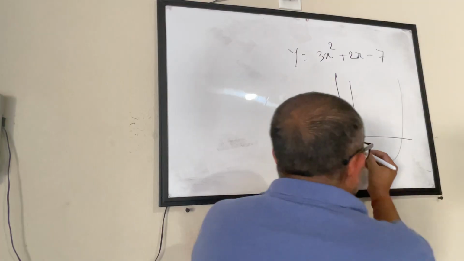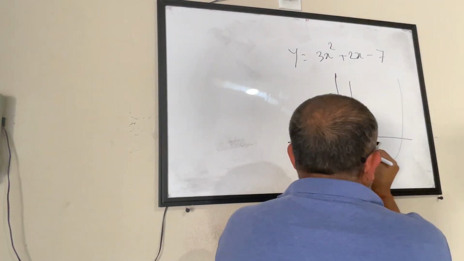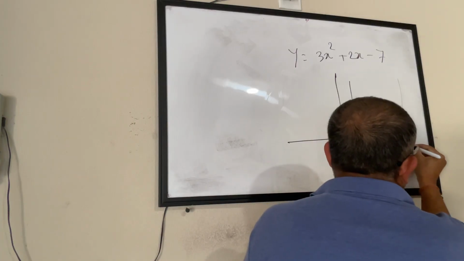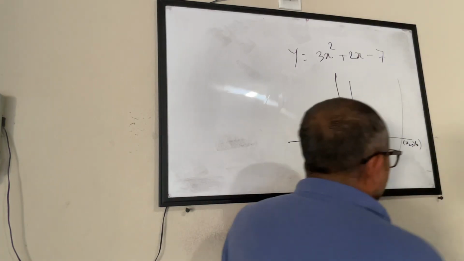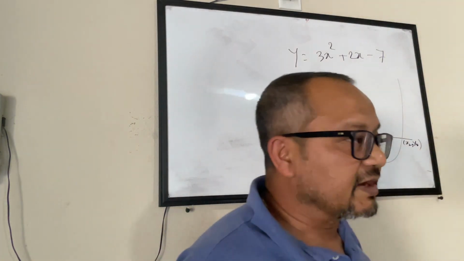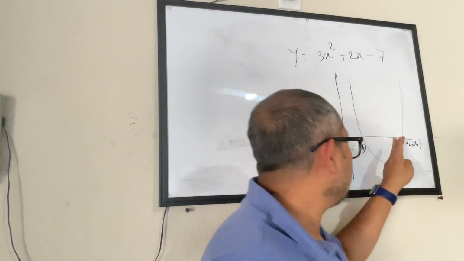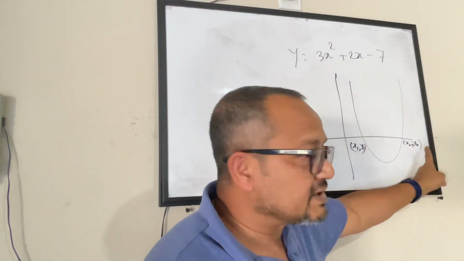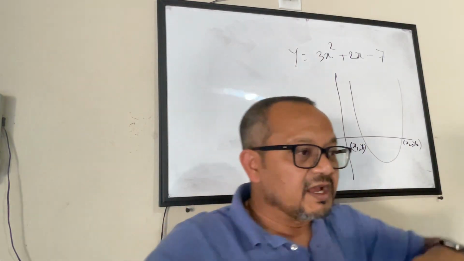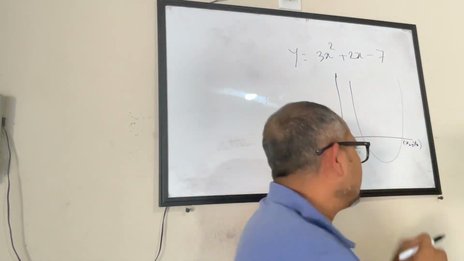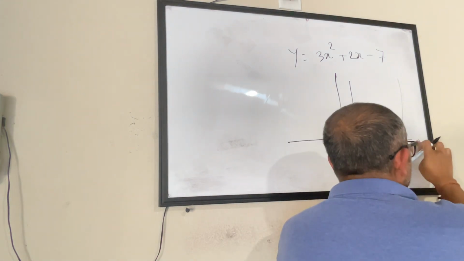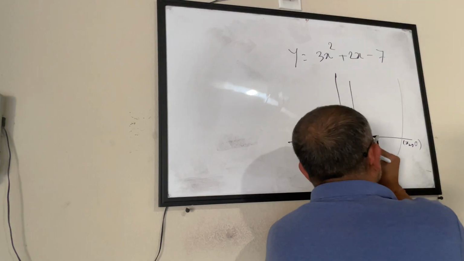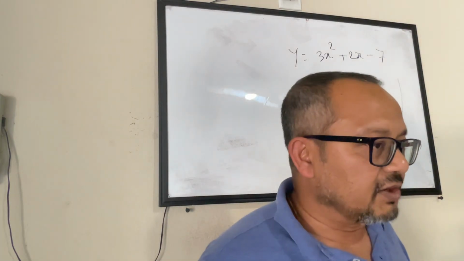Meaning there will be 2 points, let's say x1, y1 and x2, y2. These are 2 points where it is intercepting the x-axis. Now, when I'm saying that it's intercepting the x-axis, what it means is this is on the x-axis where the value of y will be zero. Are you guys with me so far?